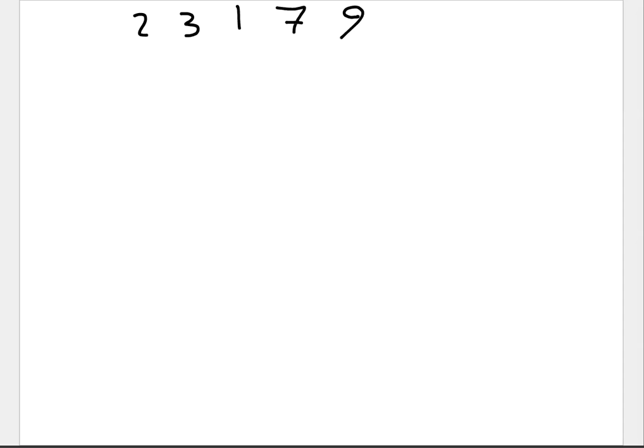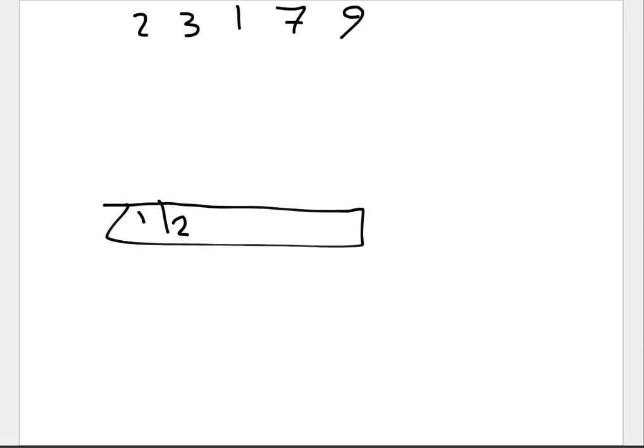So what is the representation? What is the solution? We want to find the solution 1, 2, 3, 7, and 9, because it is sorted from the lowest value to the highest value.